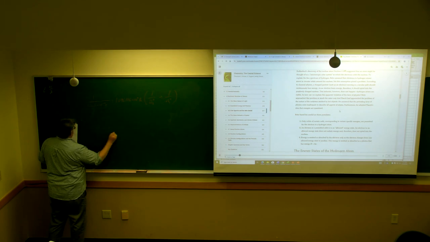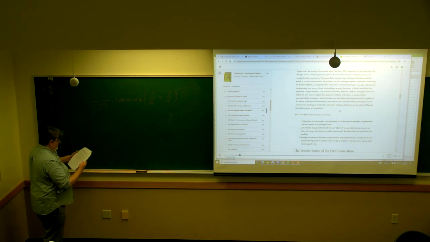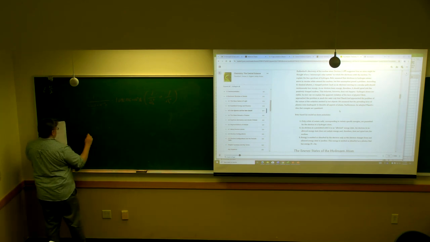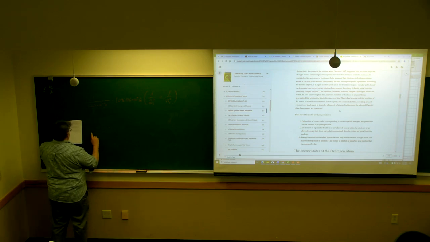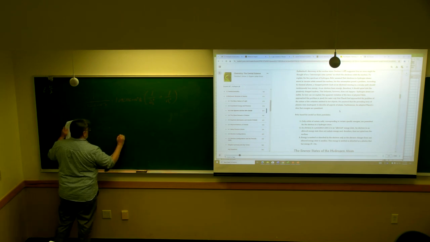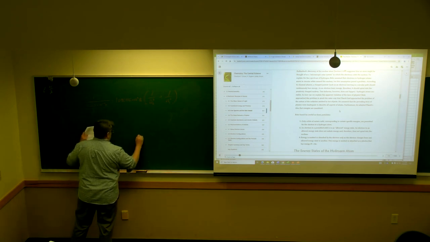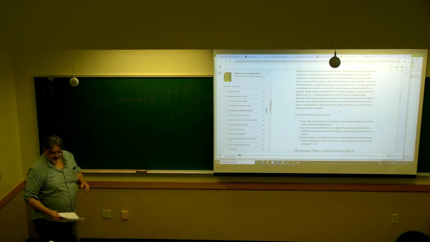All right. So if I use that equation, delta E, that's joules, equals 2.178 times 10 to the negative 18 times 1 over 2 squared minus 1 over n squared. So maybe I should solve it this way.